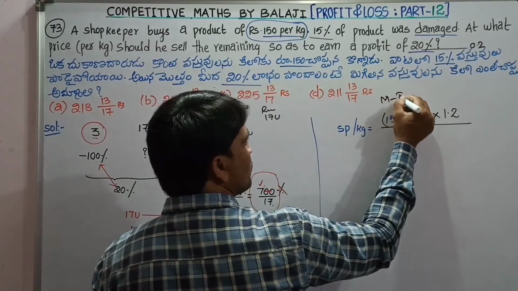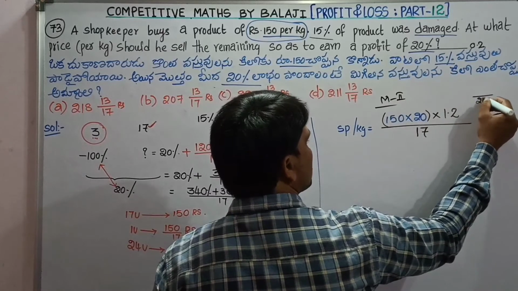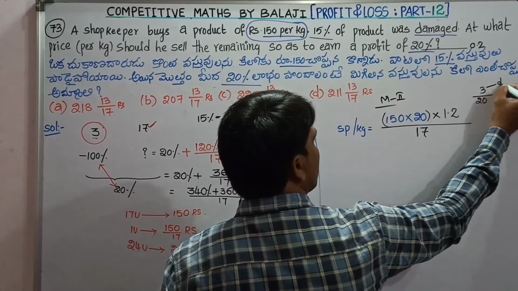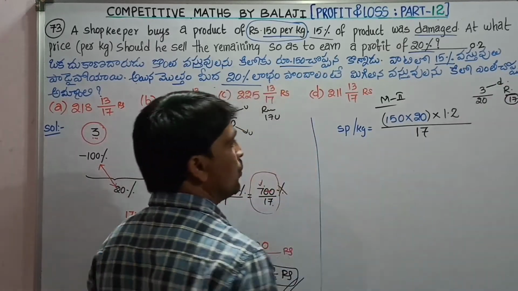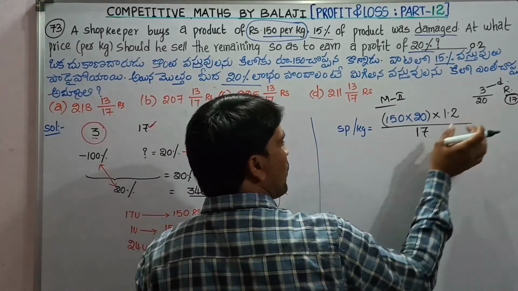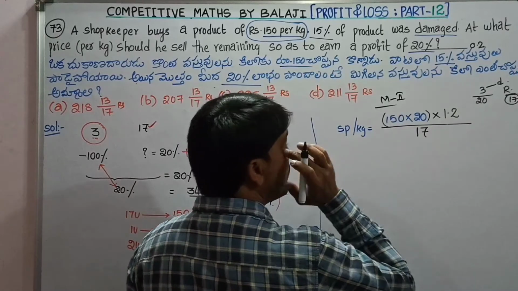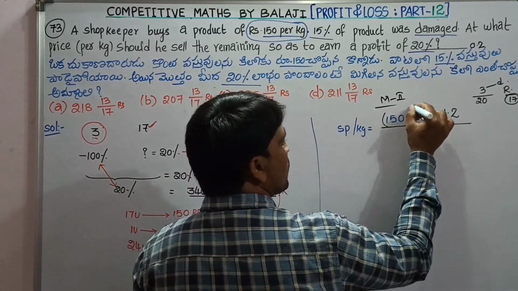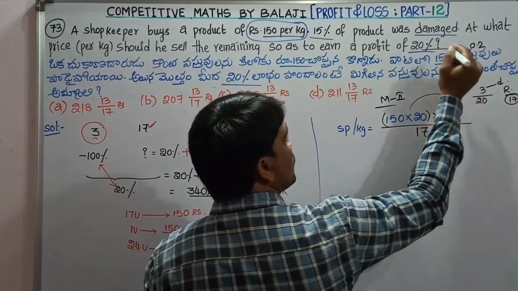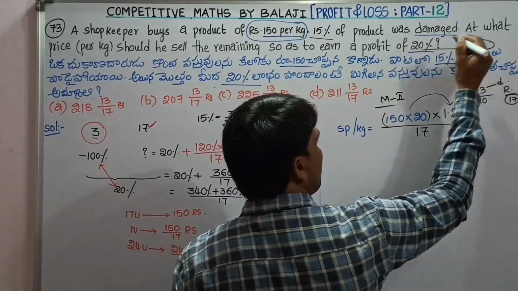Method 2. Since total 20 units, out of 20 units, 3 units are damaged, remaining are 17 units. So, on the remaining 17 units of product, we have to get 20% profit. The total cost price of 20 units is 150 into 20. On the cost price, we have to get profit 20%, nothing but 0.2.